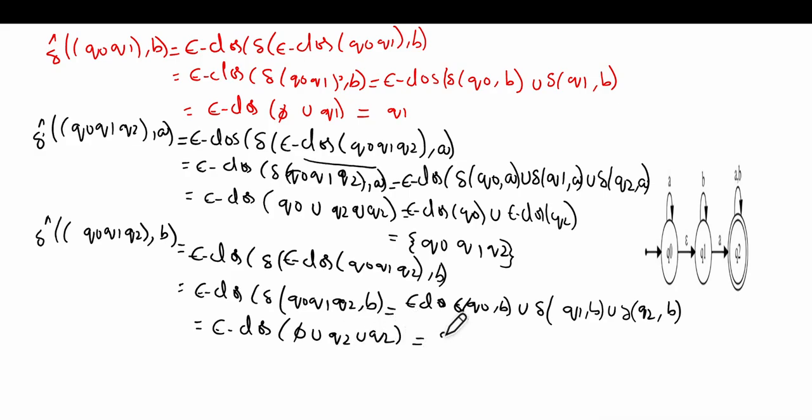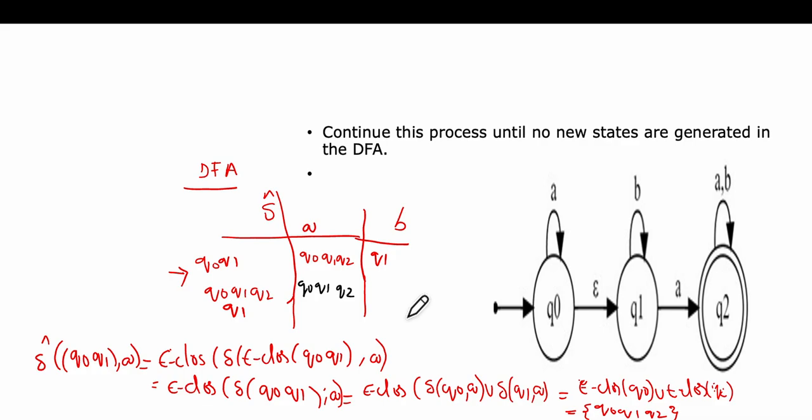So we got E closure of Q2, which is Q2. So now this is a new state Q2.